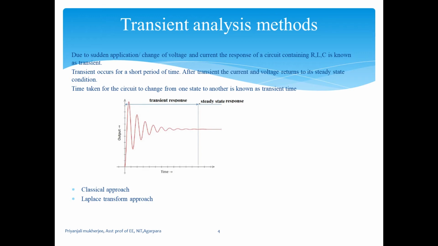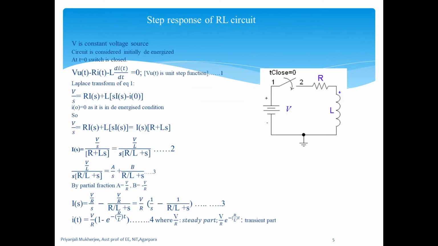The time taken for the circuit to change from one state to another state is known as the transient time. So, the overall response of a system is divided into two parts. One is the transient response or the natural response. Another is the forced response or the steady state response. So, in this video, we will consider the Laplace transform approach of this transient analysis.